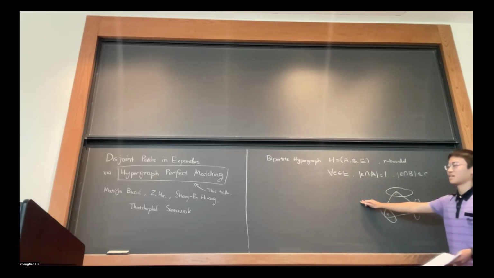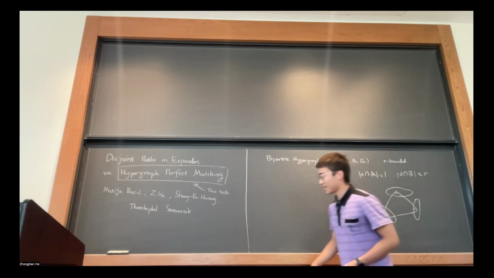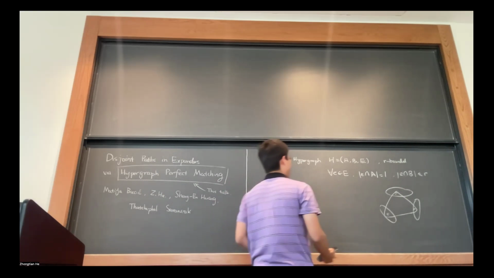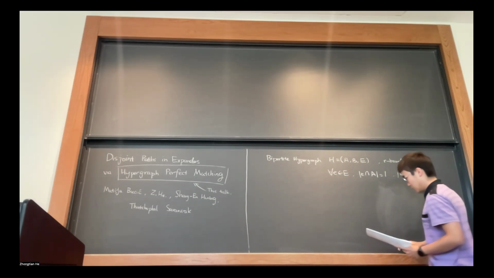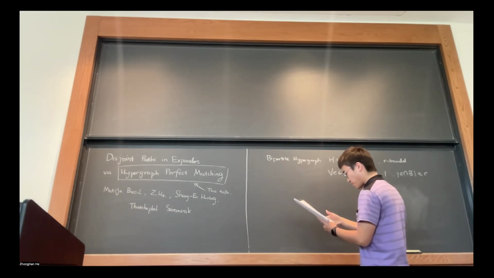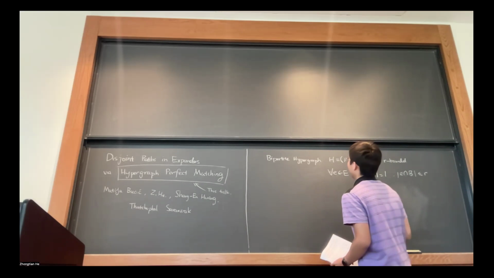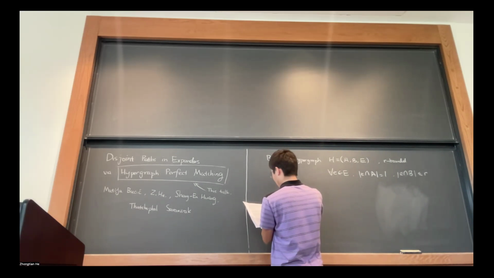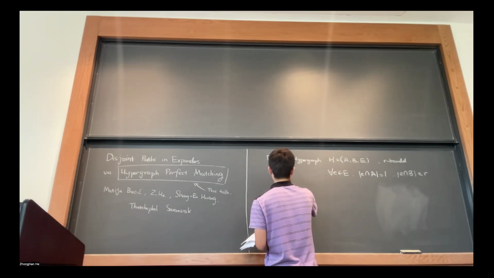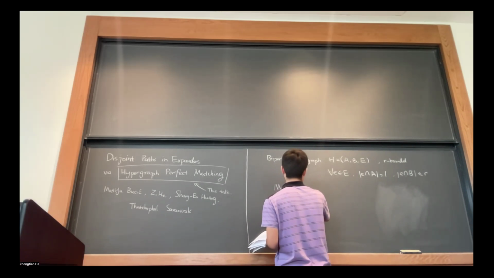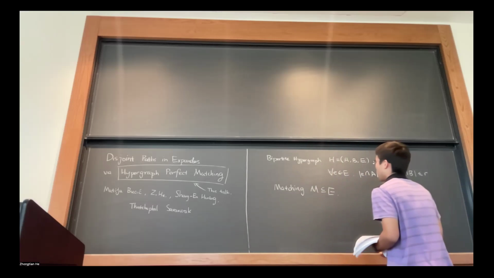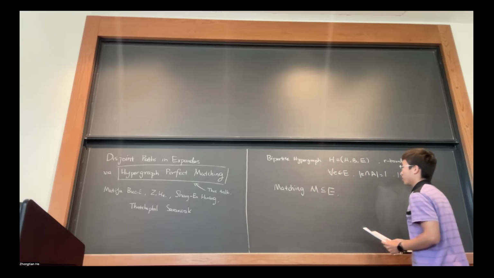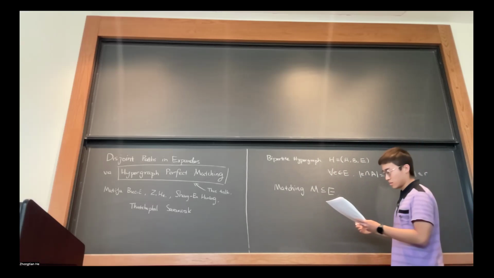What does it mean by matching? All right, I haven't defined matching here. Okay. Let me first define what a matching is. A matching M is a subset of edges such that the edges don't overlap, right?